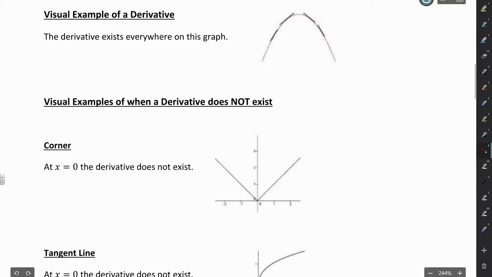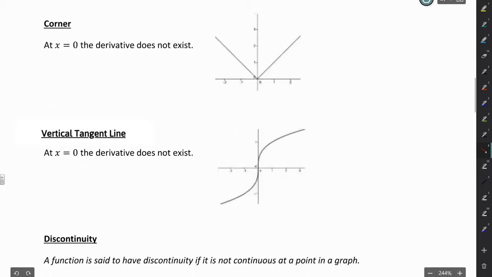not exist. Another case where a derivative does not exist on a graph is when we have a vertical tangent line. So right here on this graph, it's going vertical. And as you know, the slope of a vertical line doesn't exist.